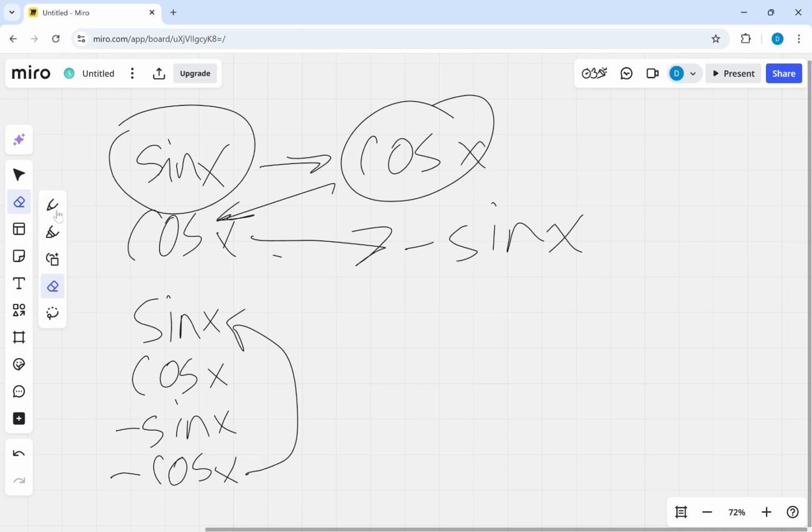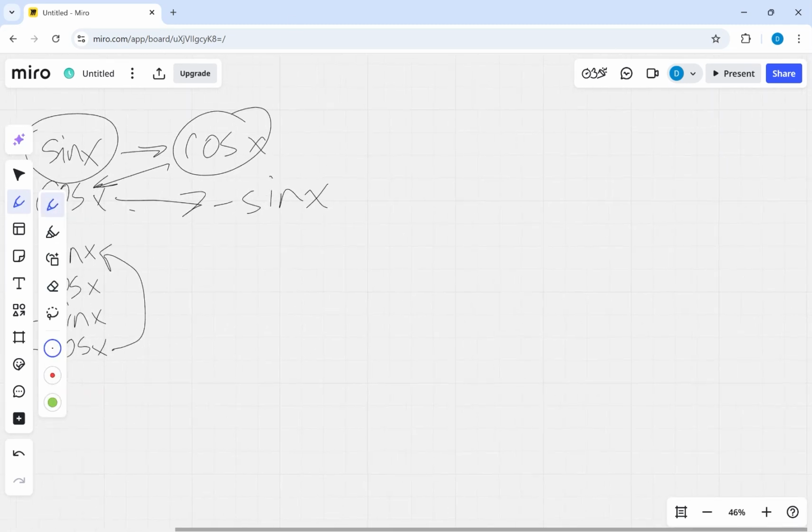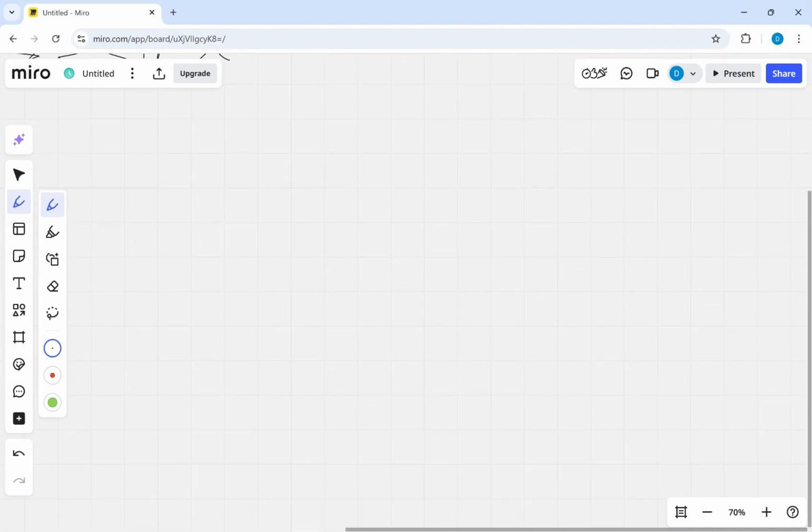But when it comes to some of the other ones, some of the other rules are not as easy to remember, because those involve two separate identities that will both interact with each other.